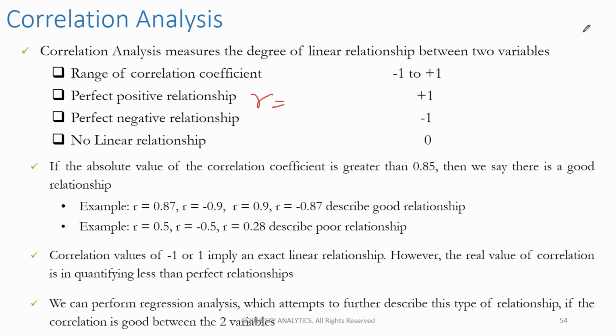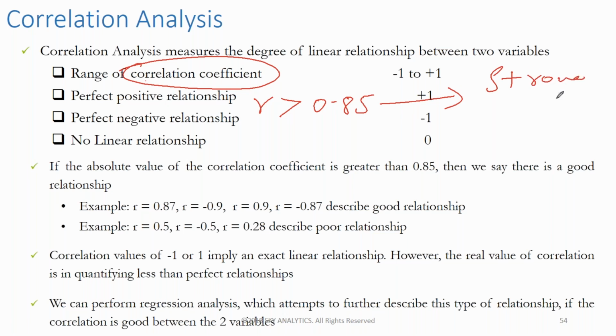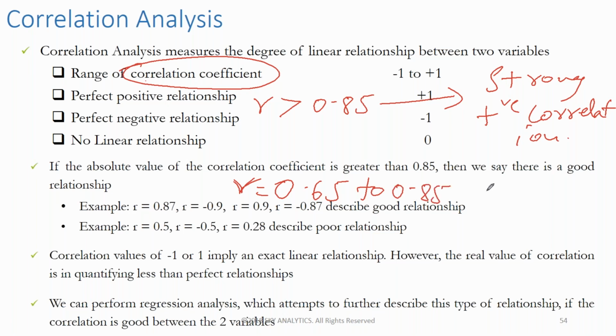Note down this important point. If your r value, that is your correlation coefficient, is greater than 0.85, it is called strong positive correlation. If your r value is between 0.65 to 0.85, then it is called moderate positive correlation.